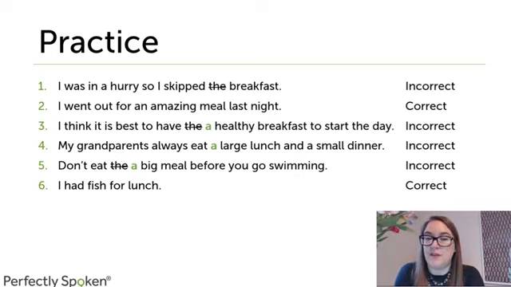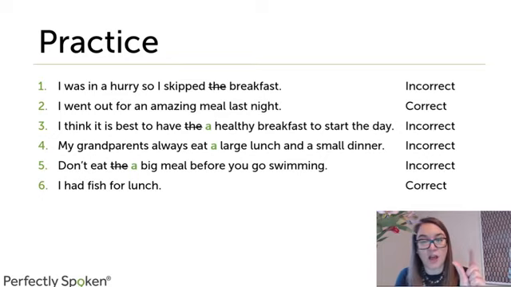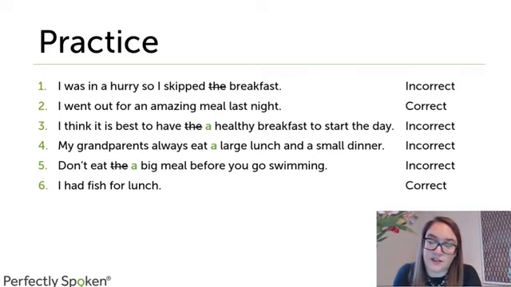It should be, I think it's best to have a healthy breakfast to start the day. Number 4 is incorrect. My grandparents always eat a large lunch and a small dinner. We've got the adjective large, we must have an article before it. Number 5 is also incorrect. We've put the definite article the, but we need the indefinite article a. Don't eat a big meal before you go swimming. And number 6 is correct.